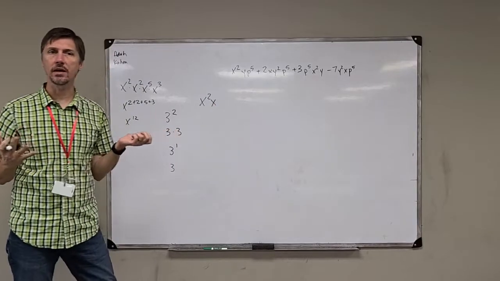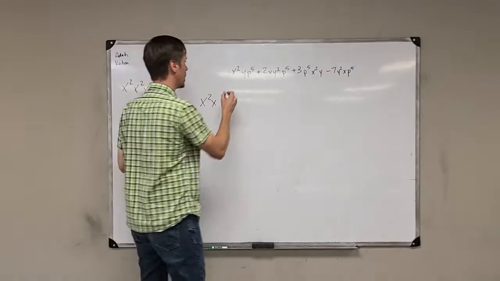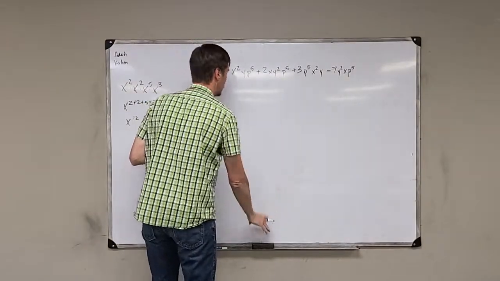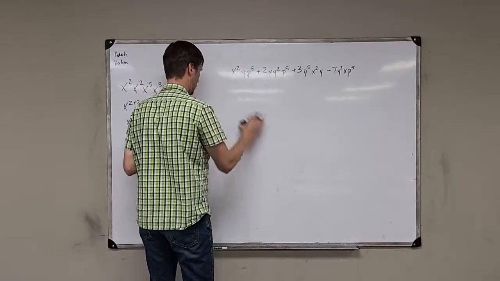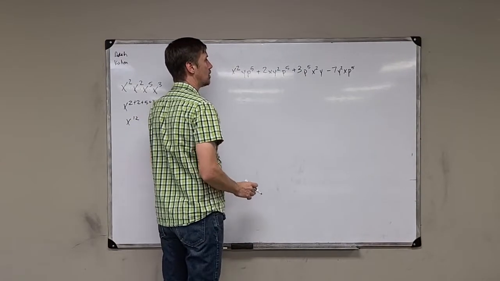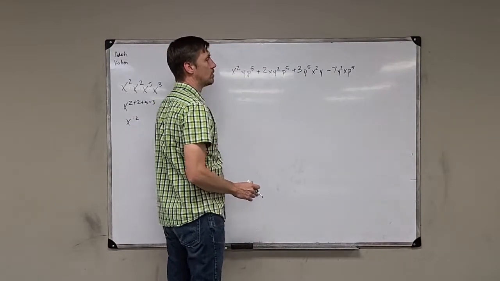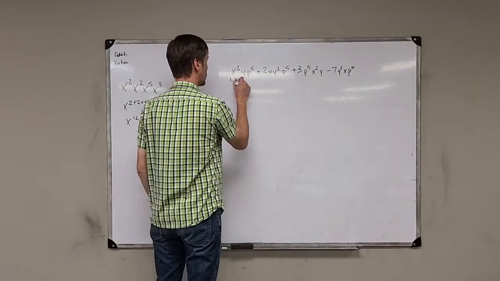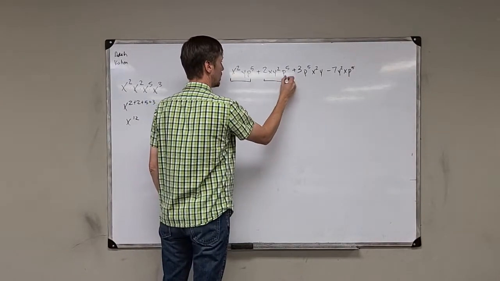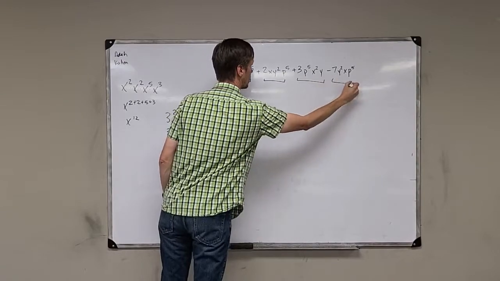So I was looking to see, do we have anything like that in any of our terms? How many terms do we have in this expression? We have 4, right? The terms are divided by the pluses or the minuses. So these are our 4 terms.